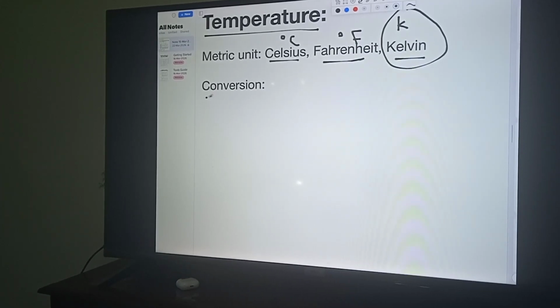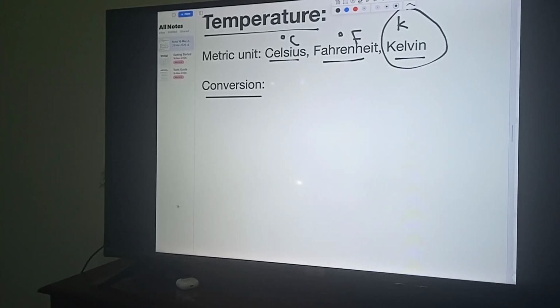Now come to conversion. This conversion is based on formulas rather than a simple mathematical multiplication. That is, for its conversion, you need a formula.